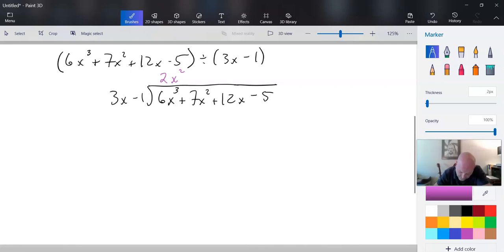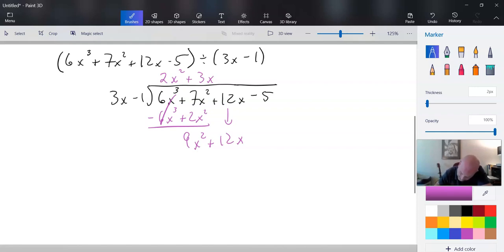So if I multiply that through, that gives me 6x cubed, but I'm subtracting it. And then minus 2x squared, but that'll make it plus 2x squared. All right, so that cancels, and this gives me 9x squared plus 12x, because I'm bringing this guy down. Now, 3x times 3x gives me 9x squared.